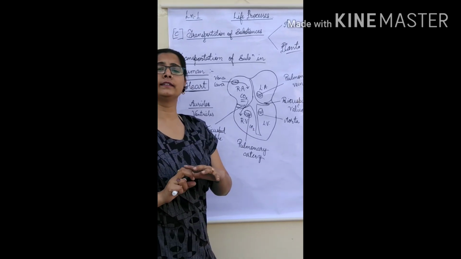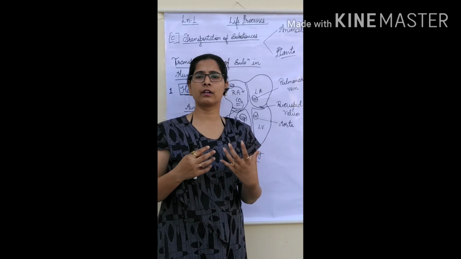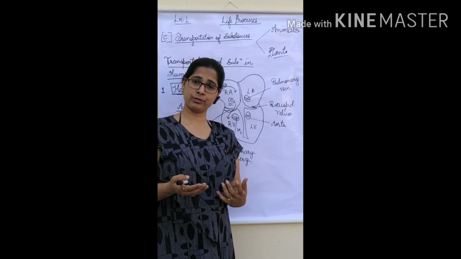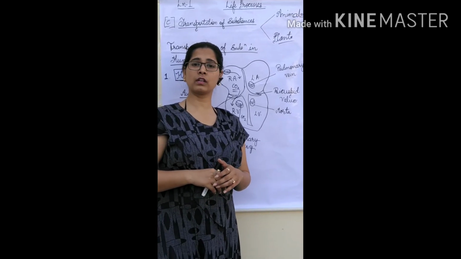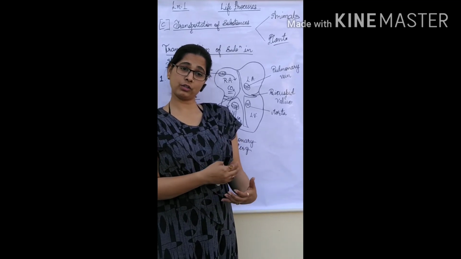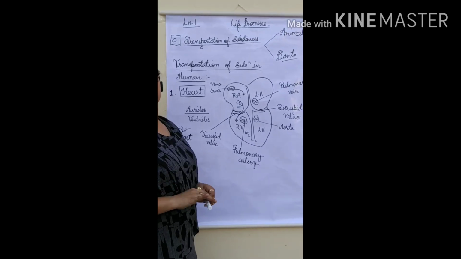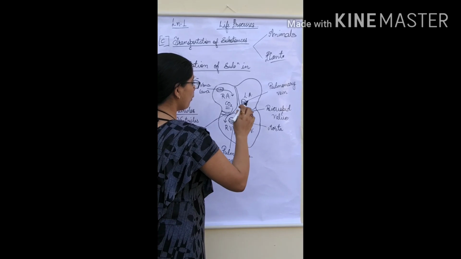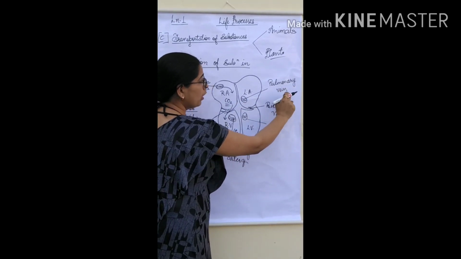Now, in the lungs, the process of diffusion occurs. Alveoli are the air sacs present in the lungs, as I told you in the respiration topic. These alveoli diffuse the carbon dioxide out of the blood and enrich the blood with oxygen. Afterwards, when the blood becomes oxygenated, it comes back to the heart through the pulmonary vein.